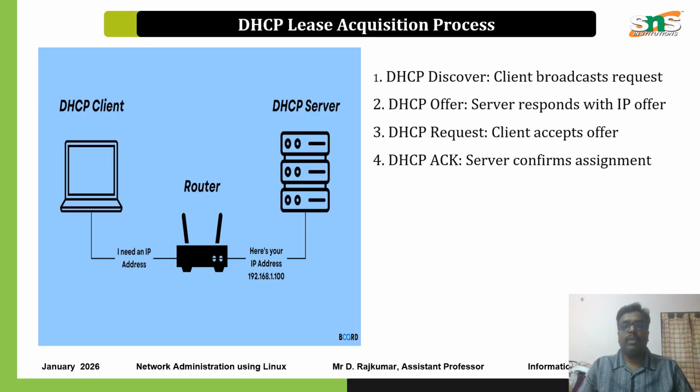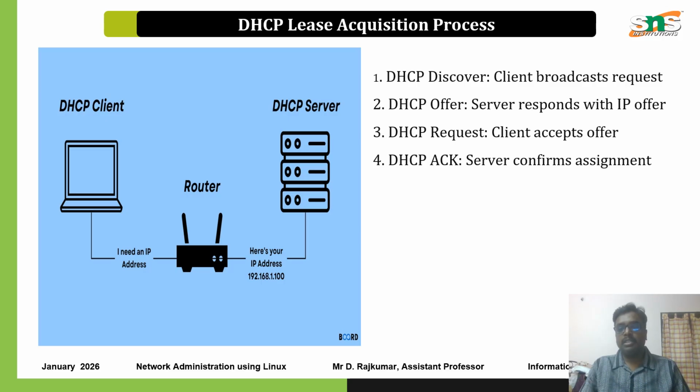Next, how the DHCP lease acquisition process works. First, discover: the client sends a broadcast request saying it wants to connect to the network. Next, the server responds with an IP offer. All these are done by the Dynamic Host Configuration Protocol.